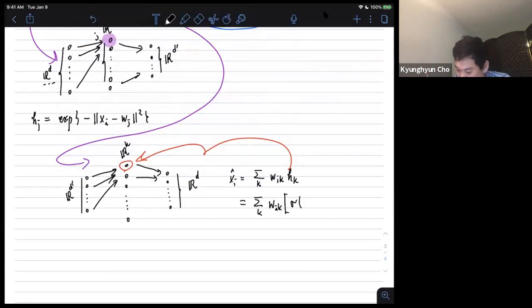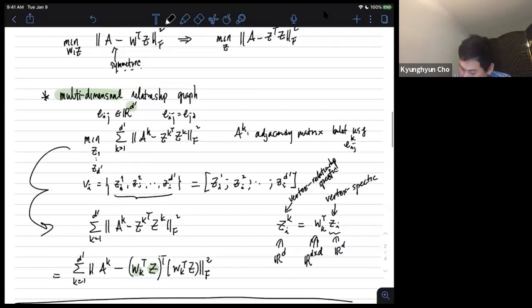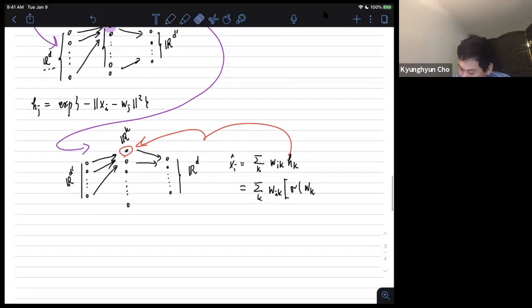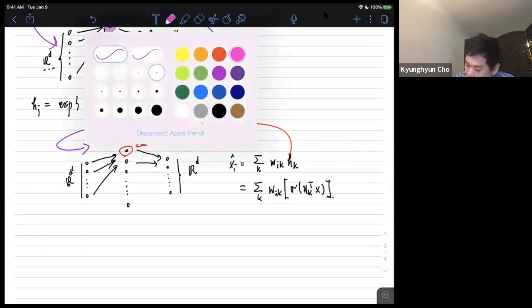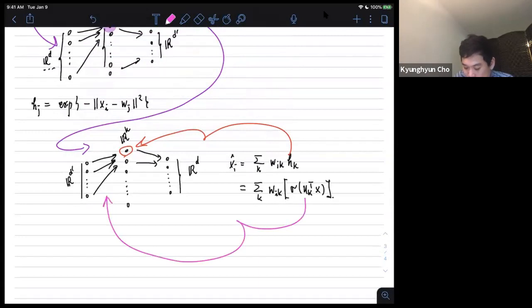The sigmoid function follows the dot product between the input and the associated weight vector, that is, UK transpose X, where UK is the weight representing the connection between the input layer, that is the input vector, and the intermediate hidden layer, while W represents the weight between this intermediate hidden layer and the output.